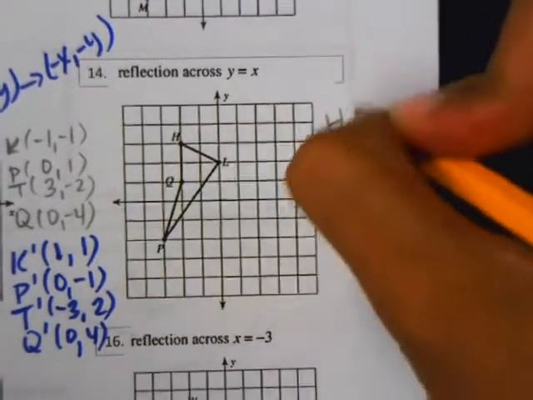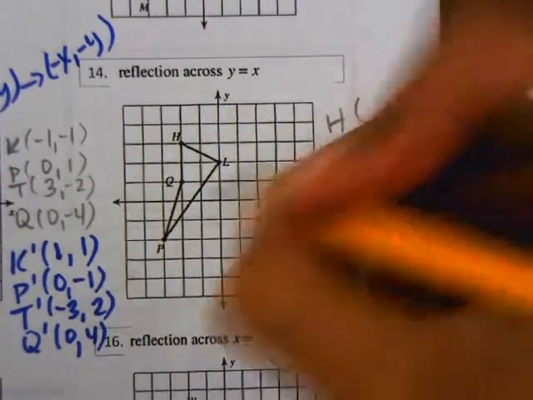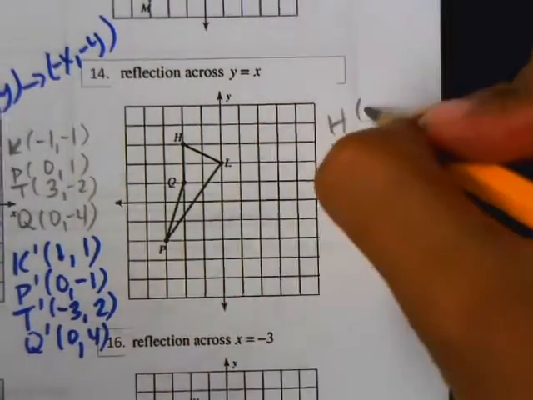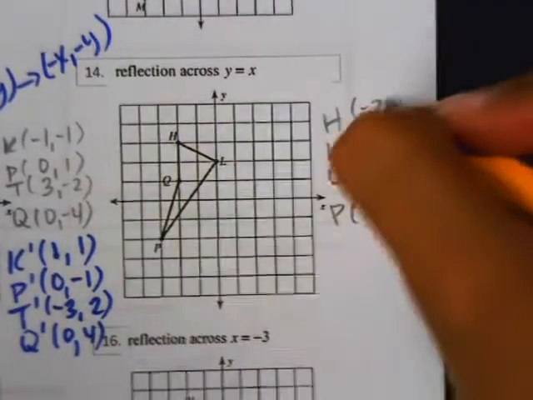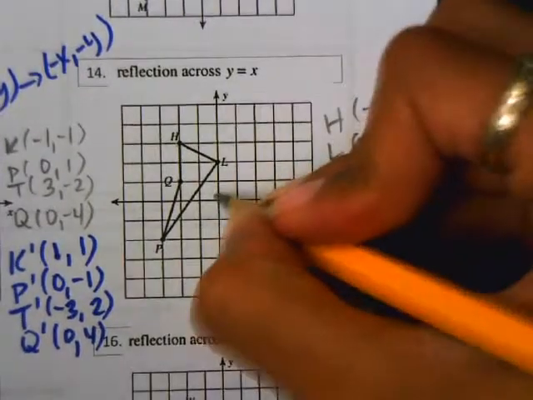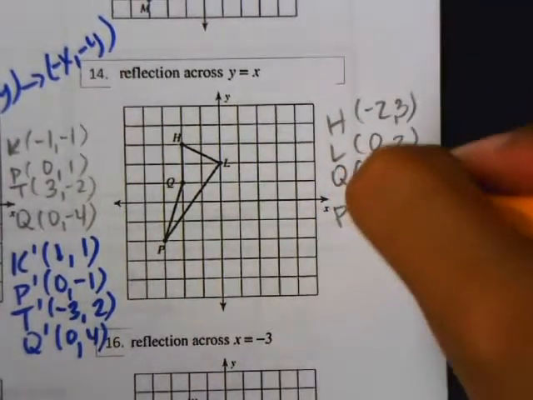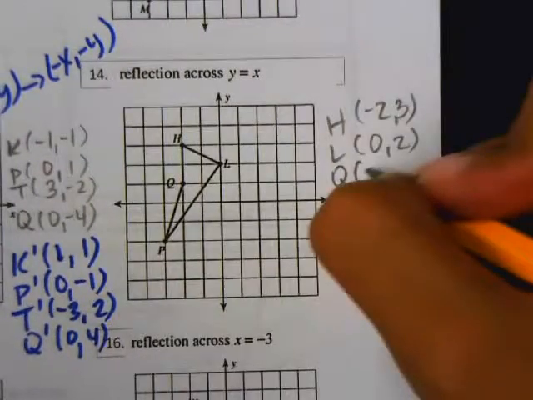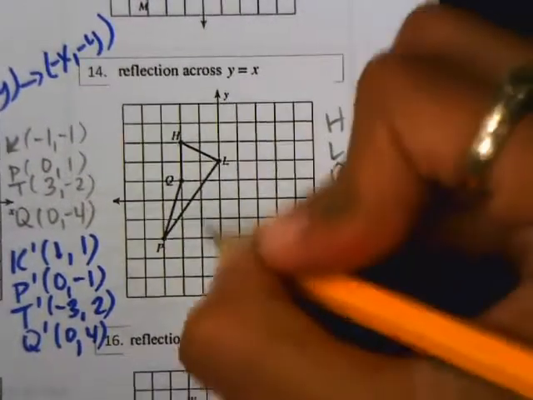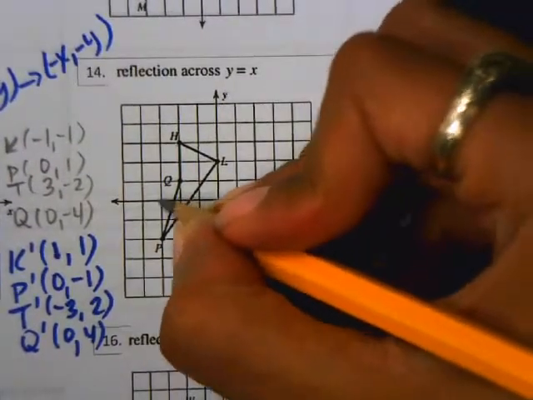L is at 0, 2. Q is at 1, 2, -2, 1. And P is at 1, 2, 3, -3, 1, 2, -2. Alright, so H prime, L prime, Q prime, and P prime.